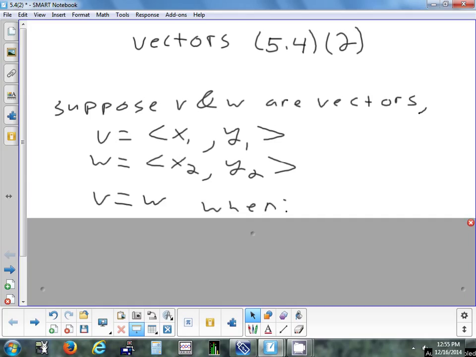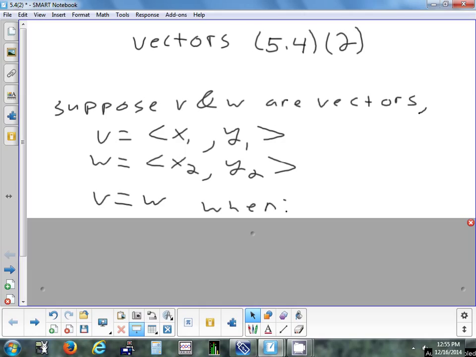All right, so our first example is describing when two vectors are equal. Okay, if you remember this notation from yesterday, it doesn't describe where to put the vector. All it tells you is that if you have a start point and an end point, how many left and right, how many up and down to get to the terminal point.